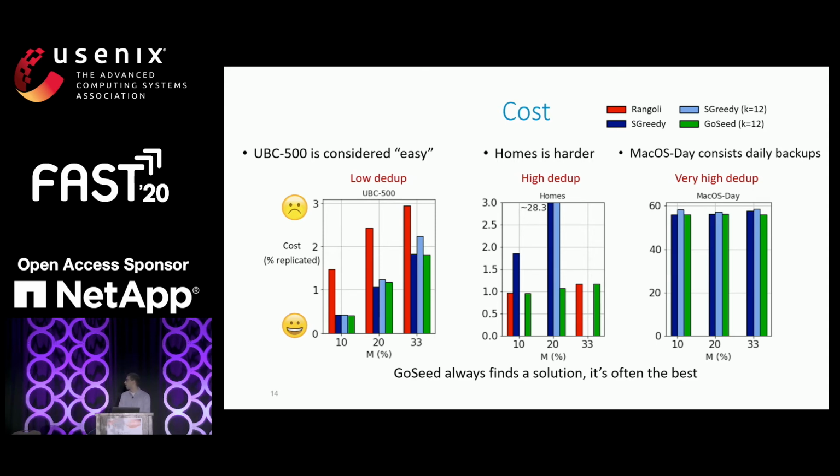Here we can see that some of the algorithms did not come up with a result, and those that did came up with a result which had a very high replication cost, and this is due to the hardness of this workload, which is deduplication intensive. But we can see that overall GoSeed always comes up with a solution which is often the best among all the rest of the algorithms in terms of cost.